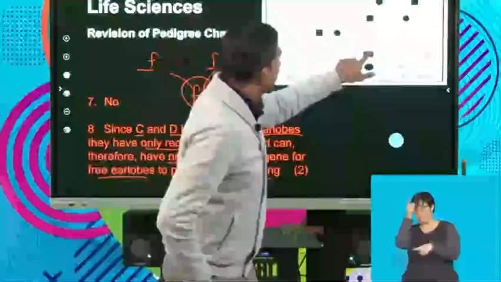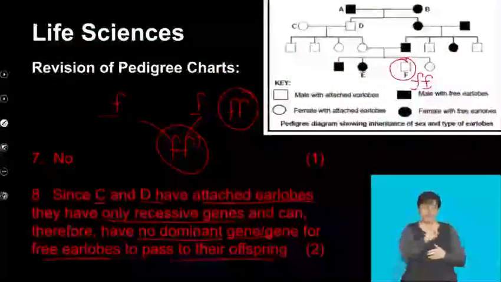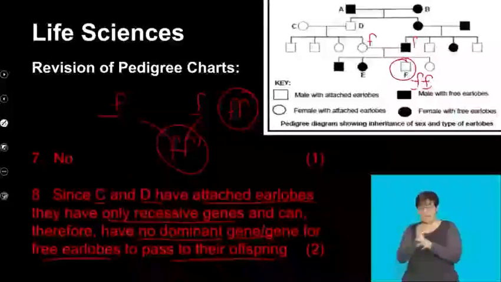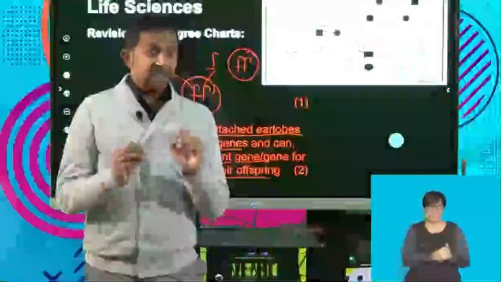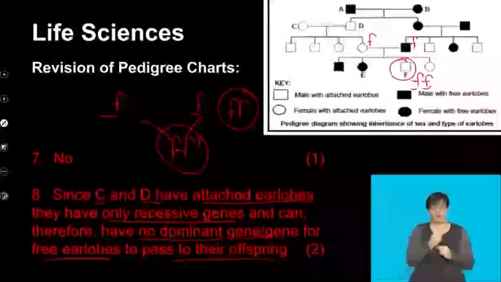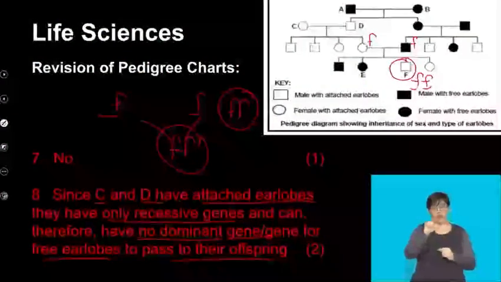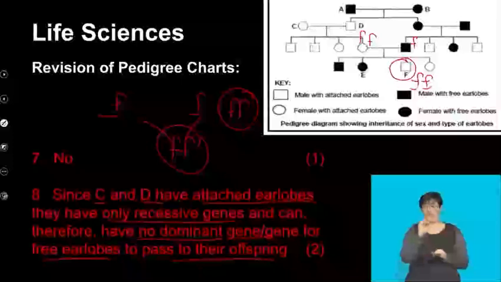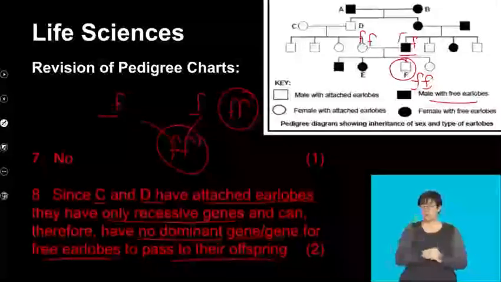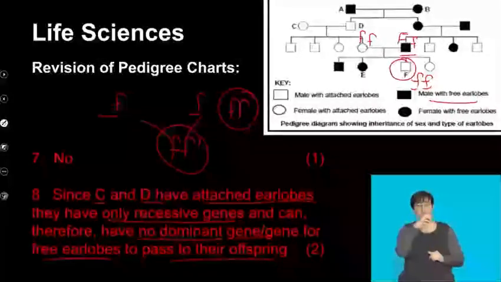And we know that this means that individual F would have inherited a recessive allele from the mother and a recessive allele from the father. And that is crucial to individual F inheriting 2 recessive alleles. And then that should help us to determine what the father is. And because he has free earlobes, which is the dominant trait, he has to have the heterozygous combination.